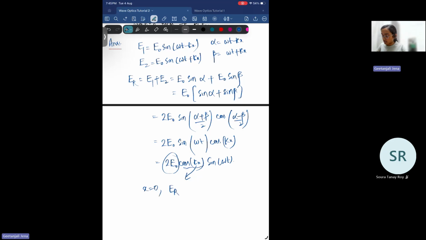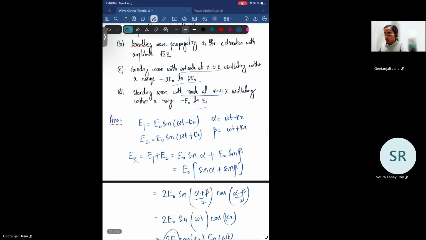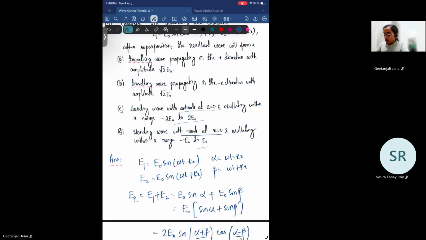So we have ER is 2E0 sine omega t. And the maximum value of sine omega t is 1, and it varies from minus 1 to 1, right? So ER will vary from minus 2E0 to 2E0. So option C is the answer.